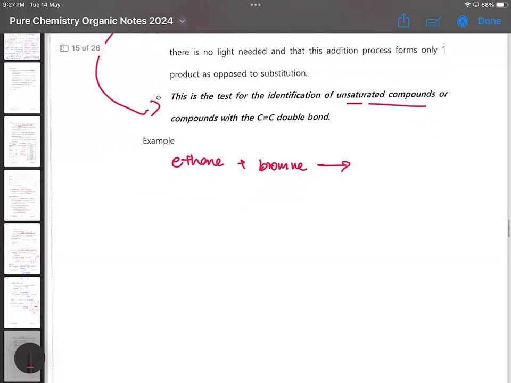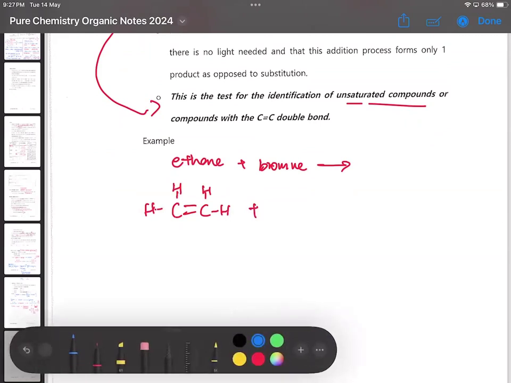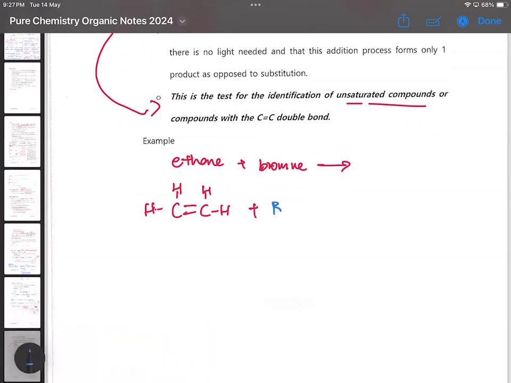Before we go into the name, which is a bit confusing, let's take a look at the ethene again. It reacts with your bromine. Your bromine is a group 7 halogen. And in this case, it is reddish brown in color.